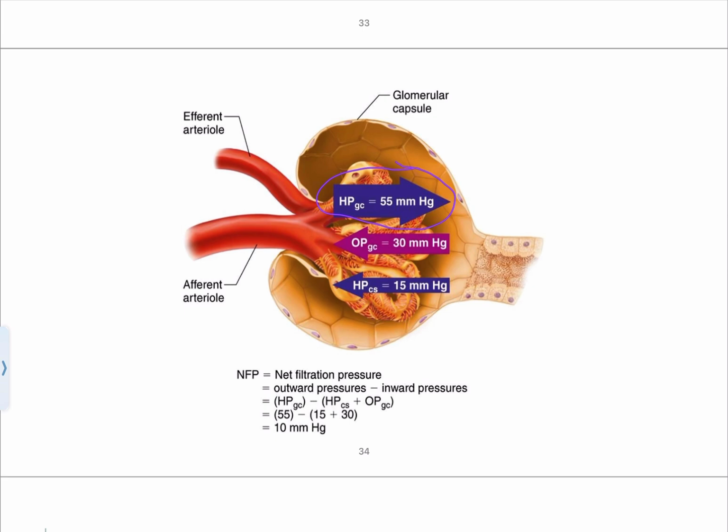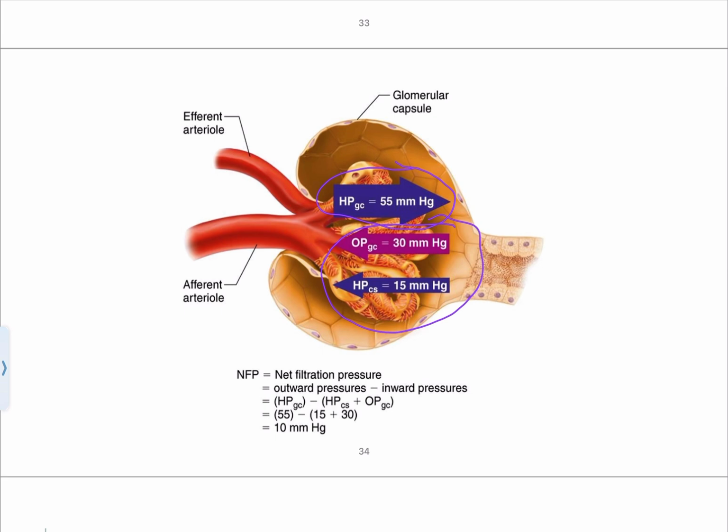So this is just a diagram illustrating the different pressures that we talked about. This is our outward pressure, which is our hydrostatic pressure in the glomerular capillaries. So this is coming from the fluid in the capillaries themselves, trying to push filtrate into the capsule.